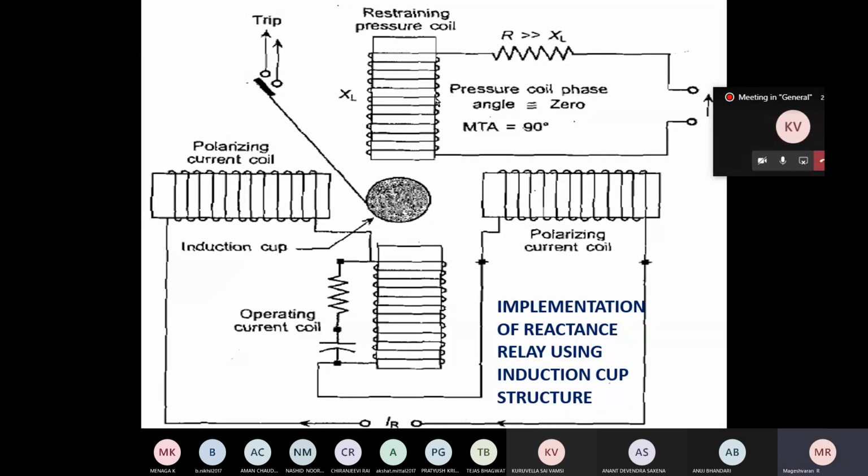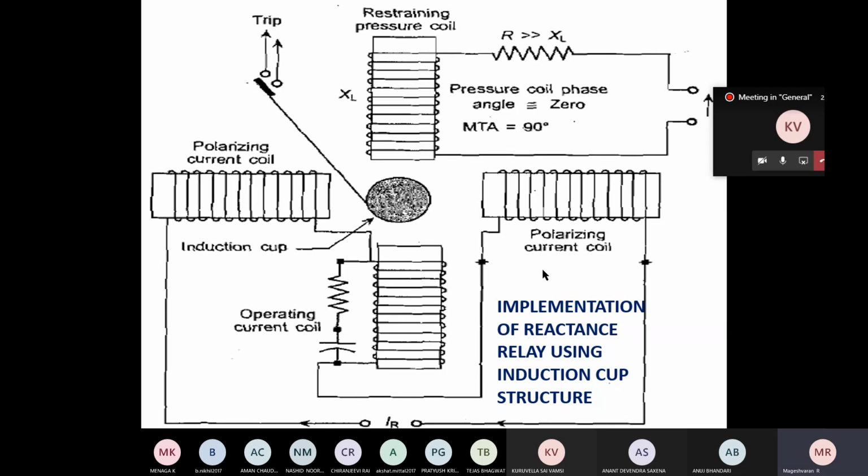I think you remember, for the directional unit we need to inject both the potential voltage as well as current. So the voltage is injected to the corresponding pressure coil and the current is injected to the current coil. But here we are already using a current coil to produce the operating torque. In order to discriminate, it is clearly mentioned by name: here it is the operating current coil and this is the polarizing current coil.